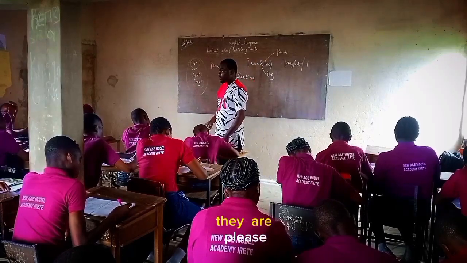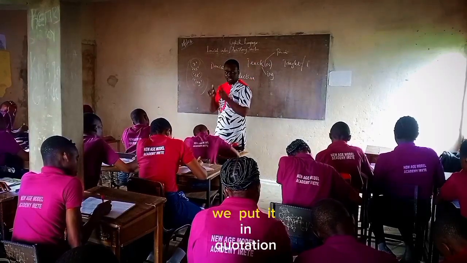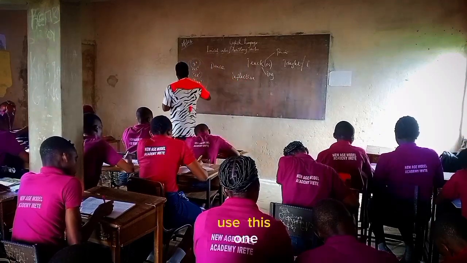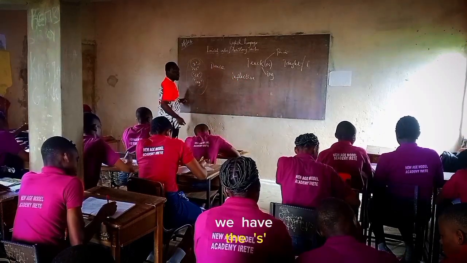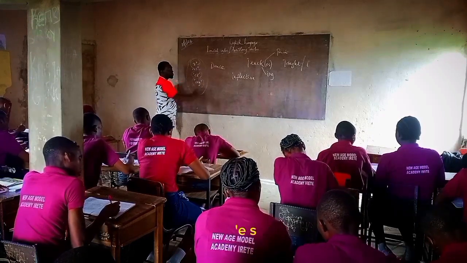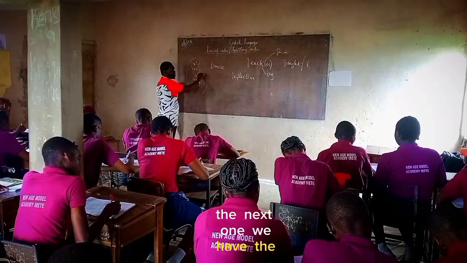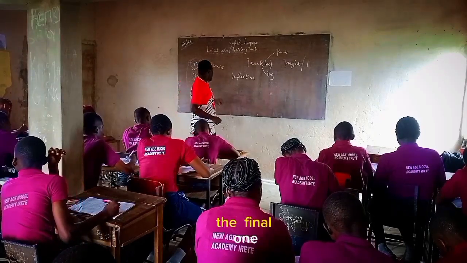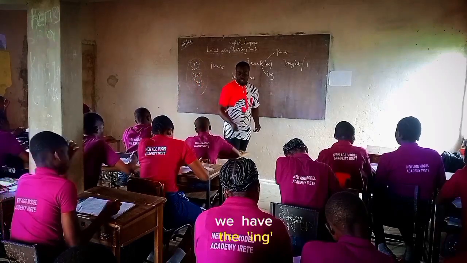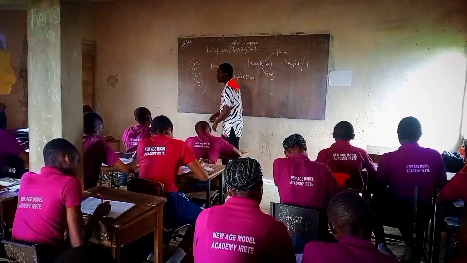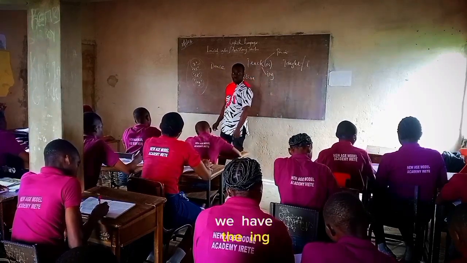They are, please, each element I call, you put it in quotation marks. We have the S, the next one we have the ES, the next one we have the ED, and the final one we have the ING.